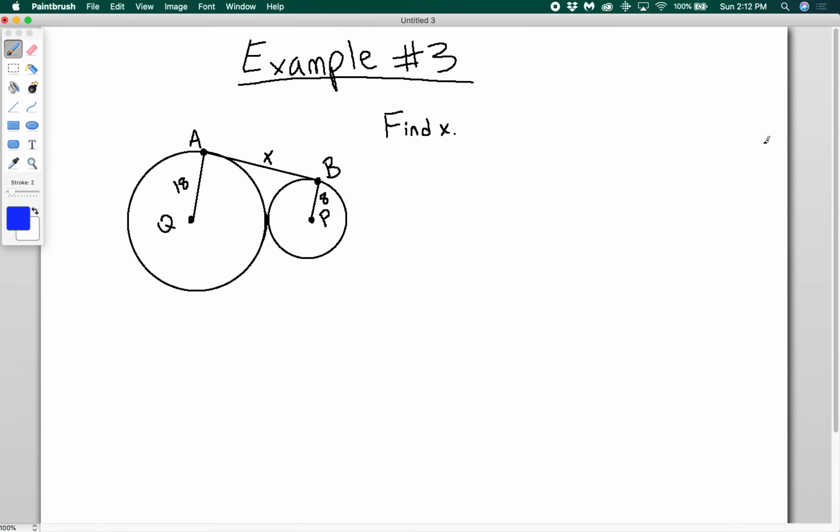Okay. Example 3. So here we want to find x. And what information do I have here?